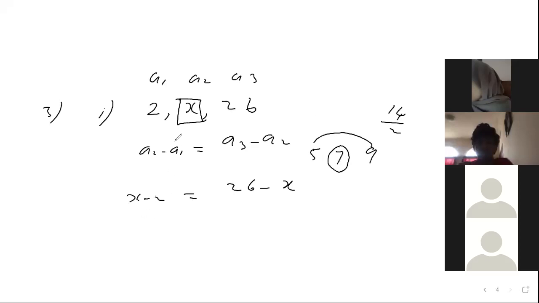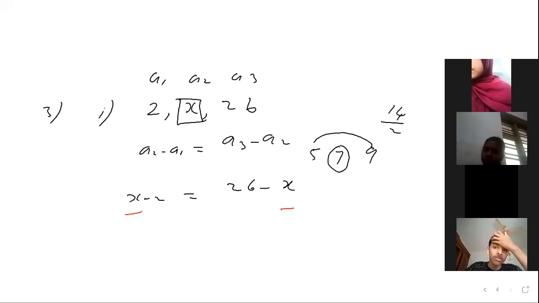You understood, X minus 2, that is D. This is also D. Now what do I need? X I need. What is X here? Transpose only.